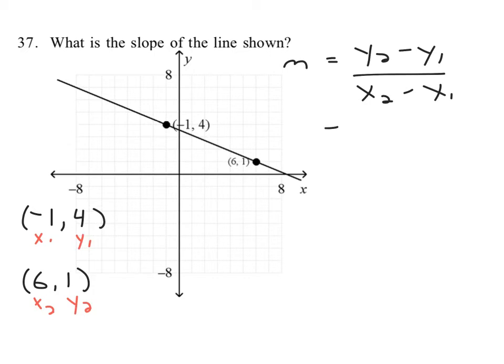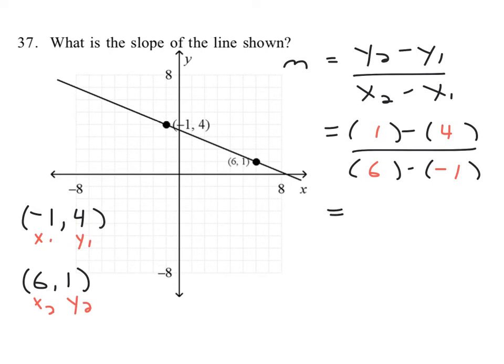I do that because it's nice to be clear about which formula we're applying before we apply it. Then we say y2, 1, minus y1, 4, over x2, 6, minus x1, -1. And when we simplify that, we get m, the slope, is equal to -3 over 7.